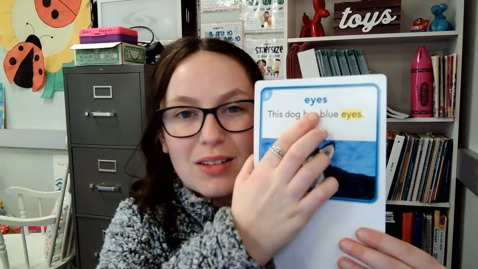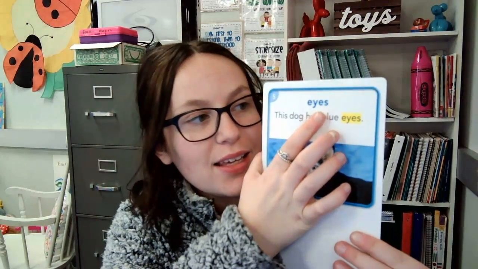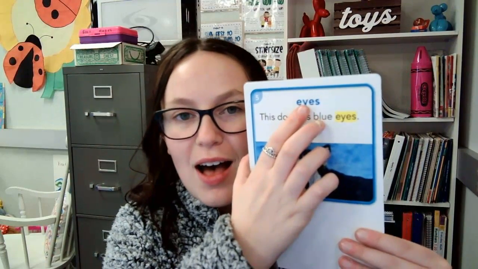In the word eyes, it is spelled E-Y-E-S. The E-Y make the long I sound that says I, and the E-S makes the Z sound. So when you put it together, you get eyes. Eyes.